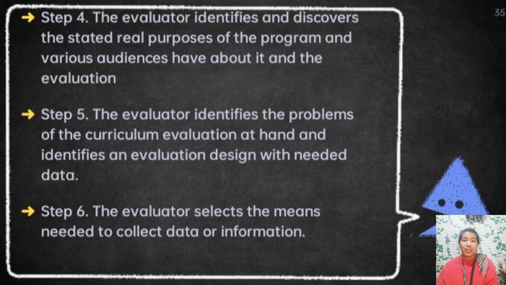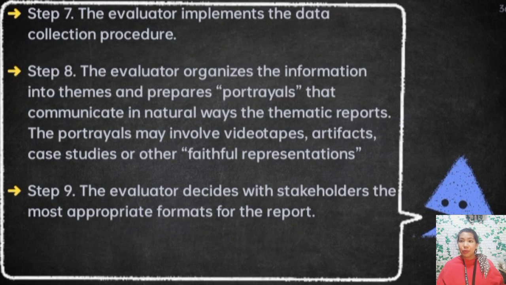So means we're talking about the tools or the ways, the things that will be needed in data collection. Next, step number seven, the evaluator implements the data collection procedure, just like in research.